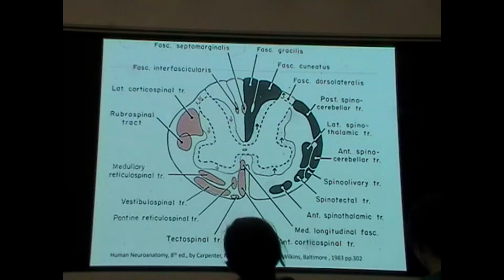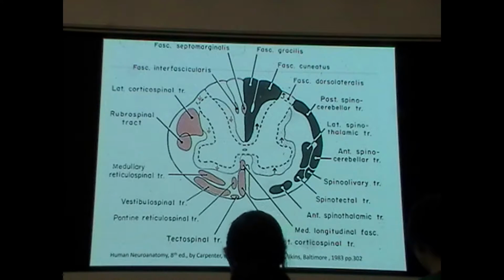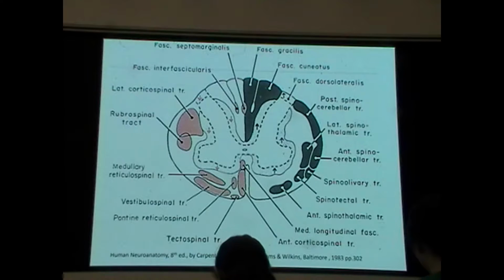And these are, once again, fasciculi or spinal tracts. On the right side, they are all sensory or ascending tracts. On the left side, the ones that are designated in red are all descending or motor tracts. Okay? So these are all upper motor nervous system tracts on the left side.